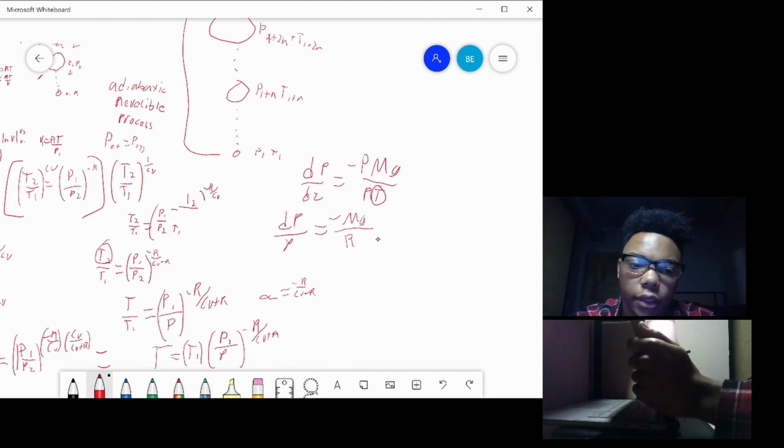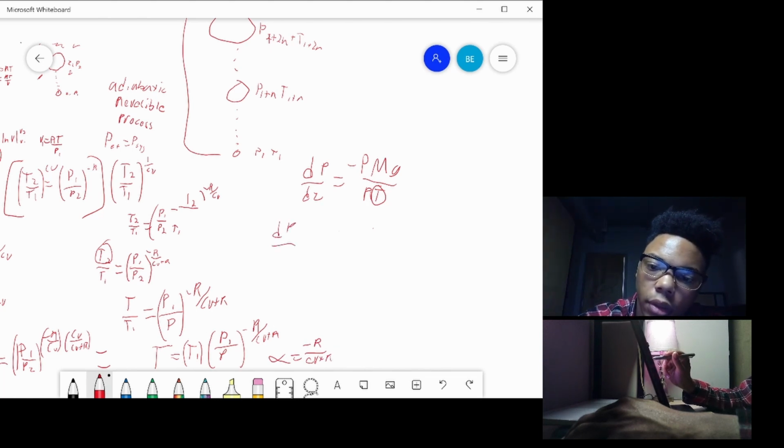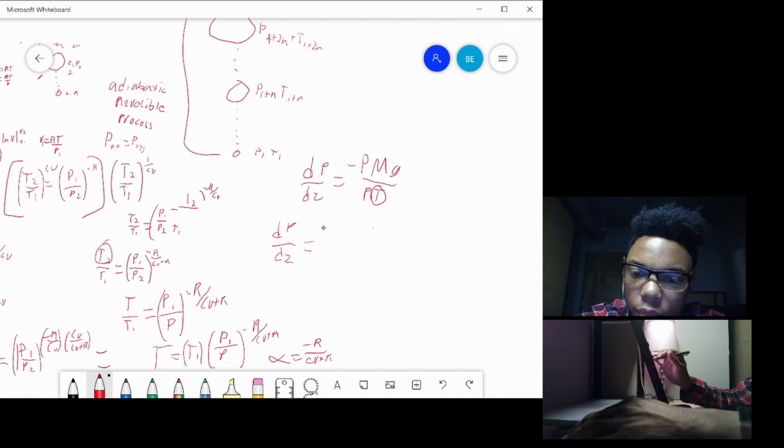And then we're going to get that dP over dz is going to be equal to negative P of 1 plus alpha mg over R times T1 of negative alpha.